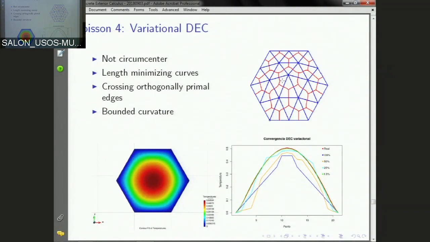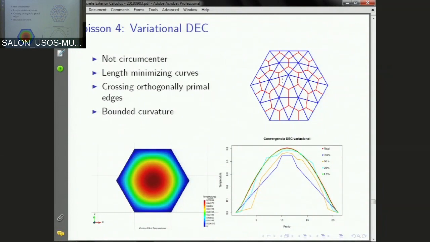Well, what did the other dual segments do? The dual segments cross the original edges orthogonally and minimize length. So what we did was to set up a variational problem for curves to minimize length and cross orthogonally the original edges.